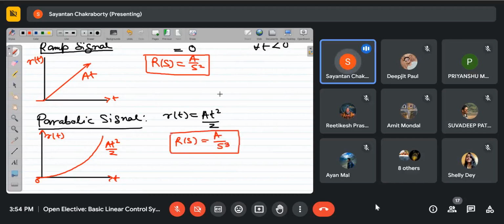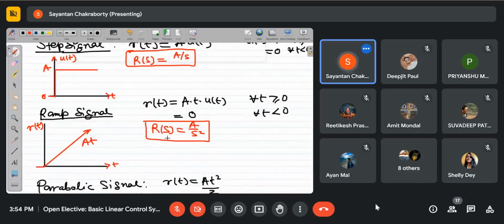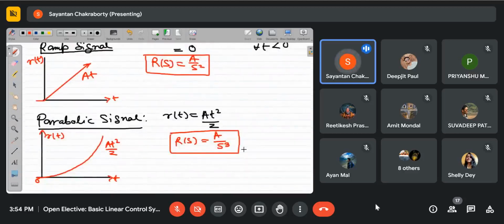See what actually is happening. For the step, it was A by s. For ramp, it is A by s square. For parabolic, it is A by s cube.